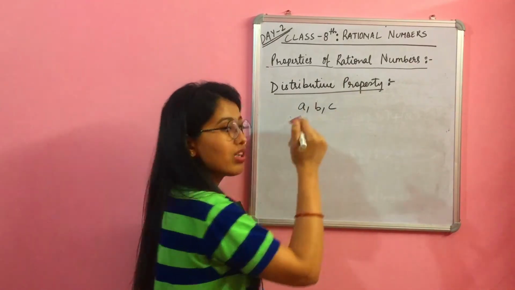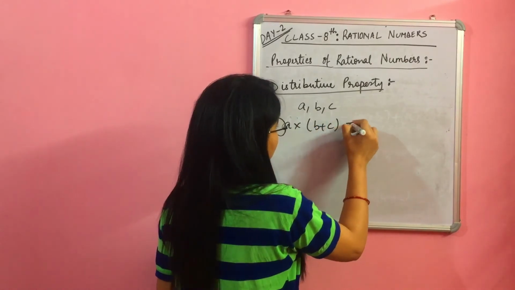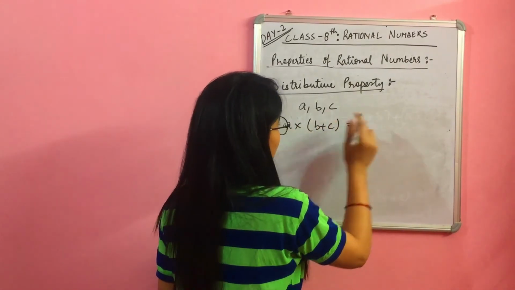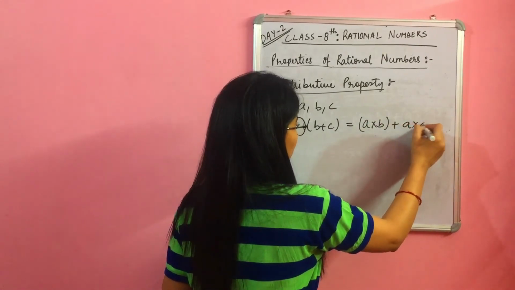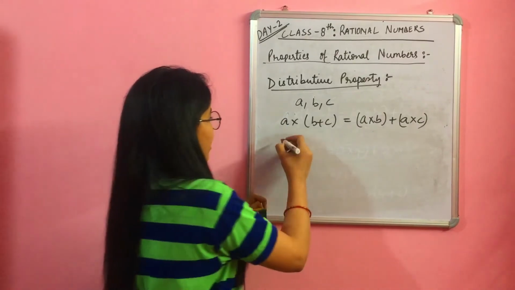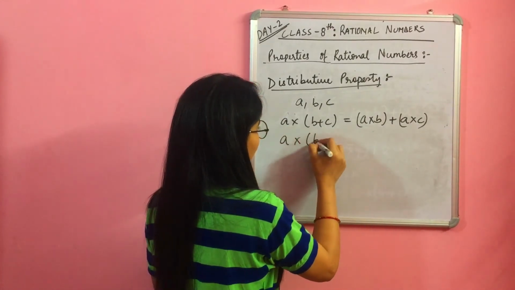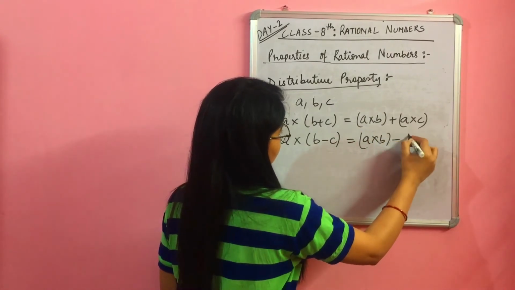What the distributive law says is that a into (b plus c) must be equal to a into b plus a into c. Okay, this is the first property. Next, in the case of subtraction, this must satisfy.